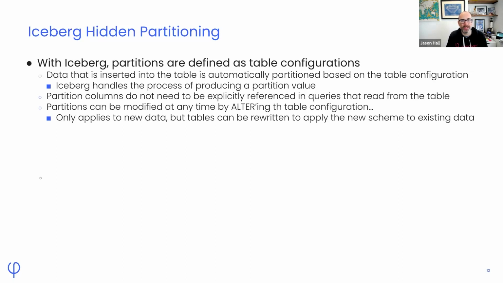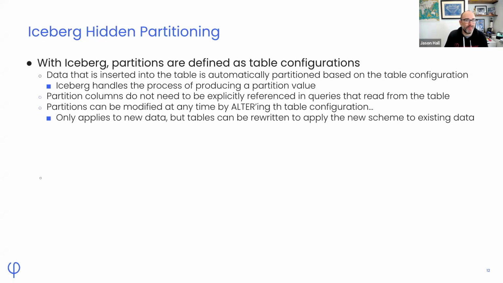Remember, in Hive, if you partition by date and tried to write in a timestamp, it probably wouldn't work, right? In Iceberg, you could partition by day, write a timestamp into that table, and Iceberg would handle converting that timestamp into a day that it can then partition by, right? So that's a much easier way to apply partitioning to a table.